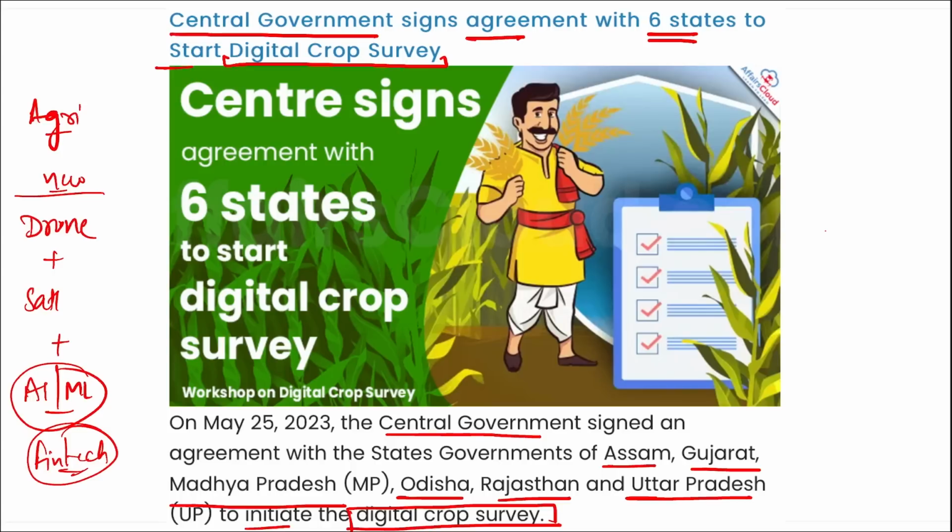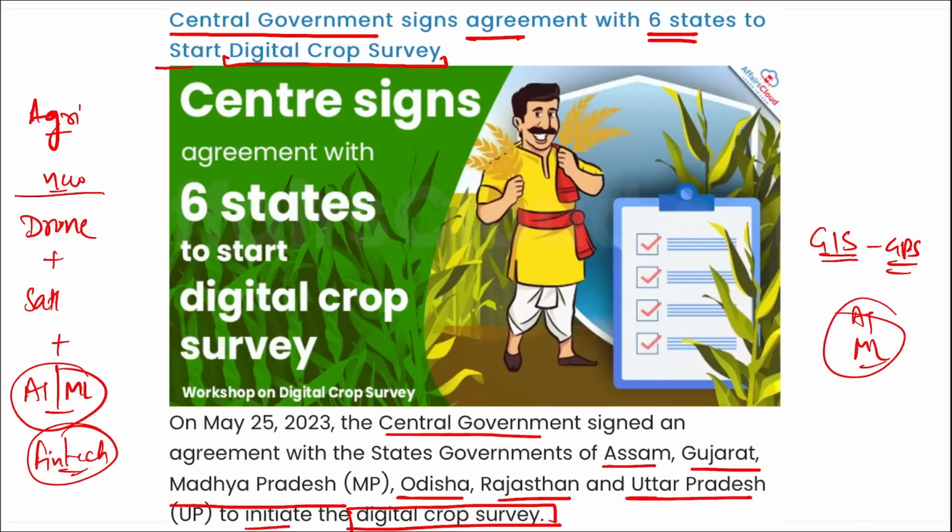The survey will provide comprehensive information on the crops cultivated throughout India and various agriculture regions. Also, the survey will use GIS, your Geographic Information System, and GPS, that is Global Positioning System. Here, artificial intelligence and machine learning will be automatically used.